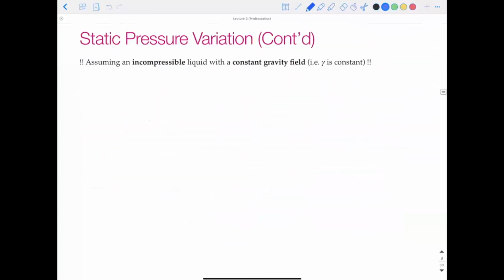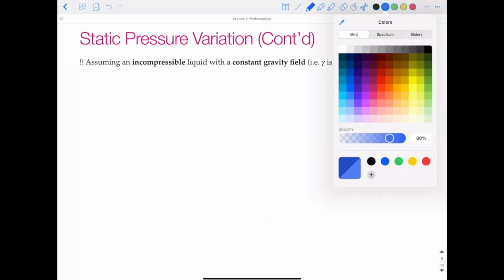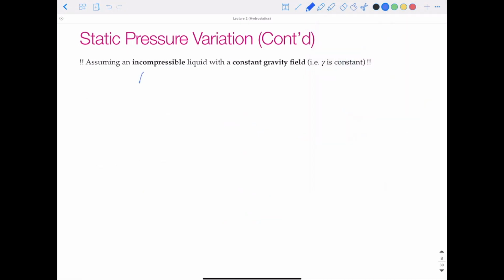So let's just rewrite this. We assume that we have an incompressible liquid with a constant gravity field. So basically, we can say rho is constant and g is constant. And let's rewrite this.